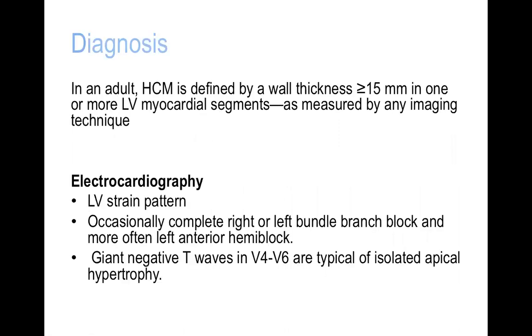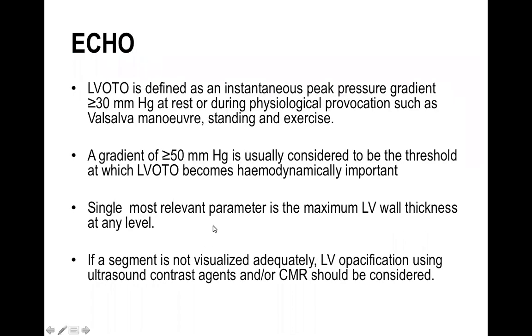In diagnosis, usually by echo, the ECG shows LV hypertrophy, occasionally complete left bundle branch block, and more often left anterior hemiblock. Echo depends on the peak gradient, not the mean gradient.